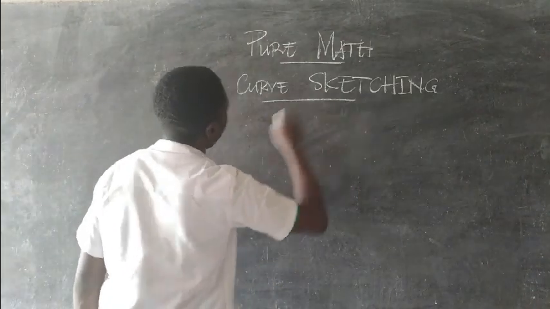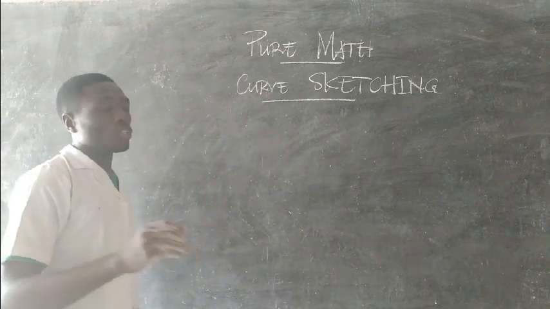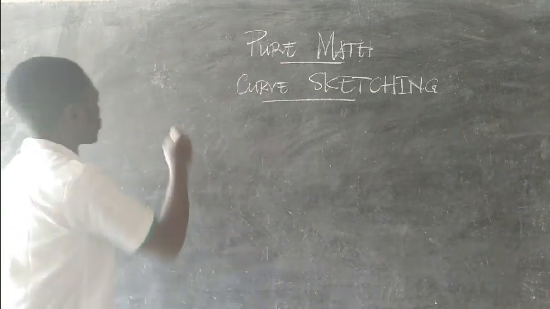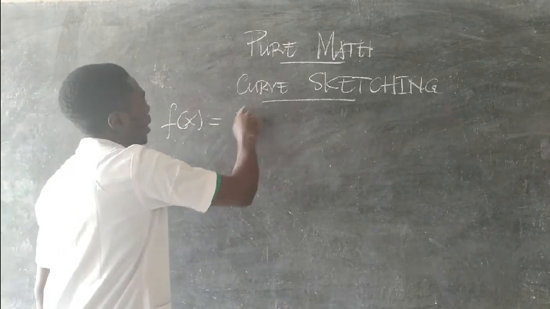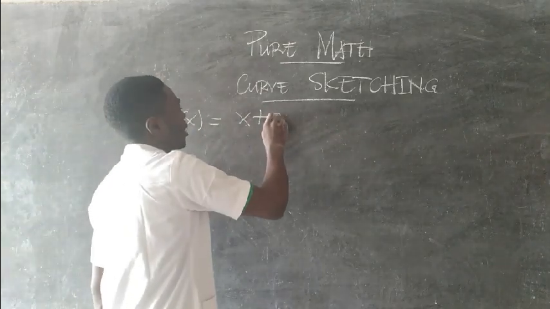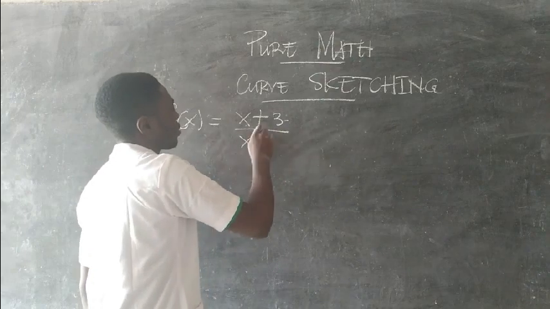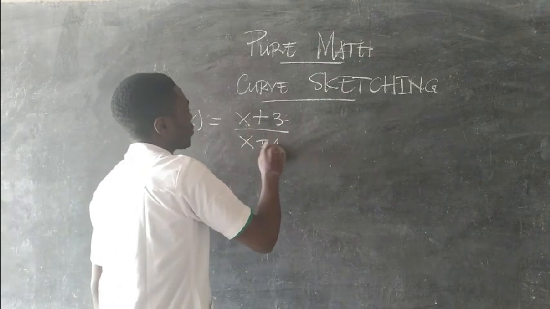In this first part, we're going to try to sketch a graph of f of x equal to x plus 3 all over x plus 1.